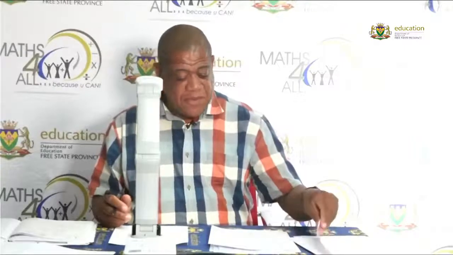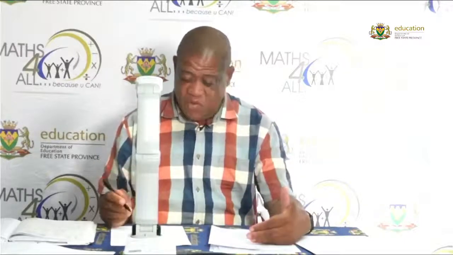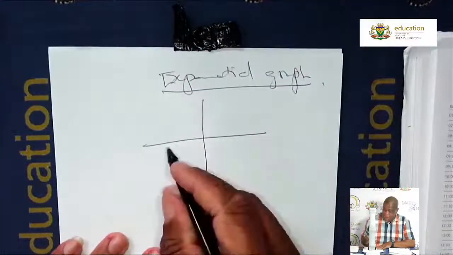From the hyperbola, we move to the exponential graph.